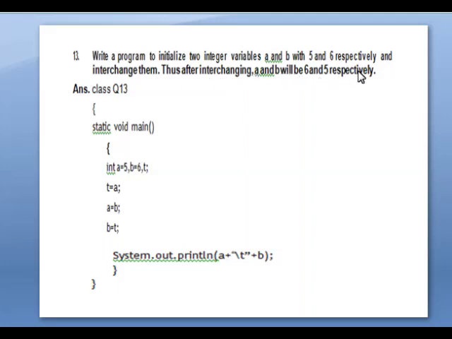a should have 6, b should have 5. So first a's value is 5, b's value is 6. After that we have to interchange them. At the time of interchanging, a should store 6 and b should store 5. For that we have to use one temporary variable.